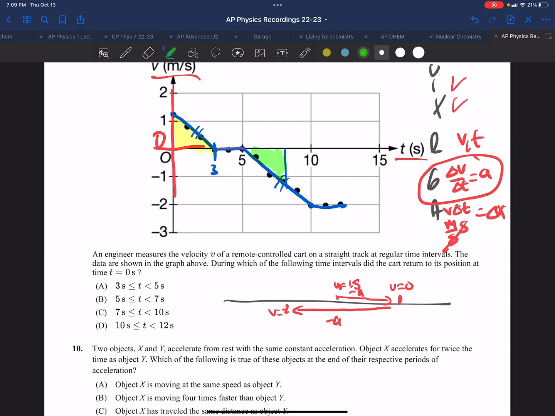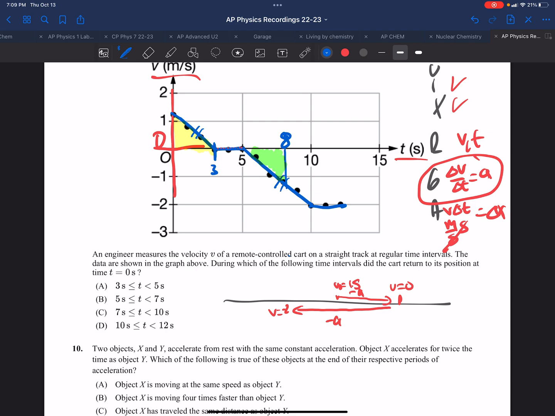So the green and the yellow areas would be equal to each other. The yellow area represents it coming out here. Then it stays still for a while, and then it turns around and heads in the other direction with the same acceleration. So we expect it to take about the same amount of time, 3 seconds, for a total of 8 seconds.